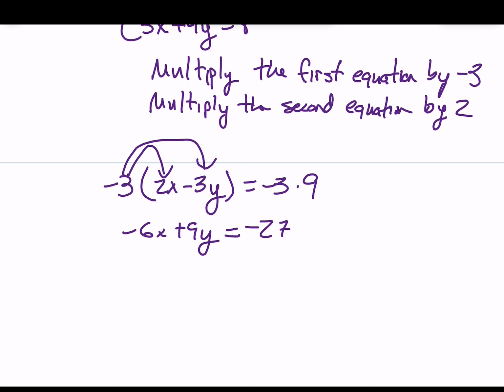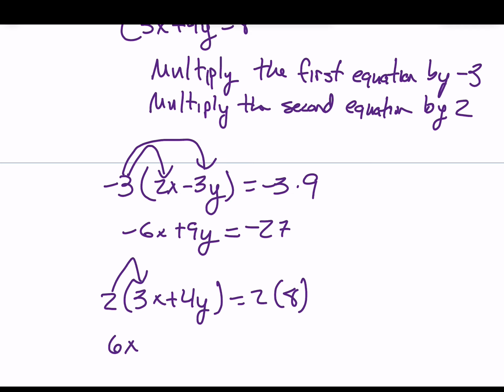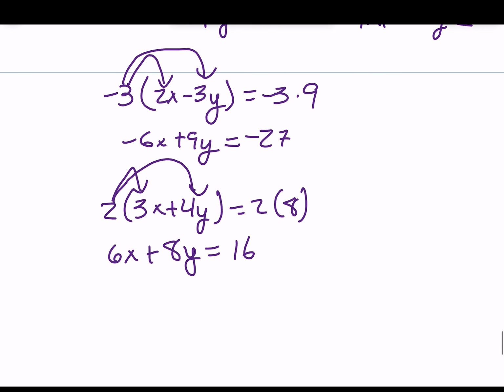And our second equation, we can multiply it by 2. Left-hand side is 3x plus 4y. Right-hand side is 8, so we multiply both sides by 2. And we get 2 times 3x, which is 6x, and 2 times 4y, which is plus 8y, is equal to 2 times 8, which is 16.